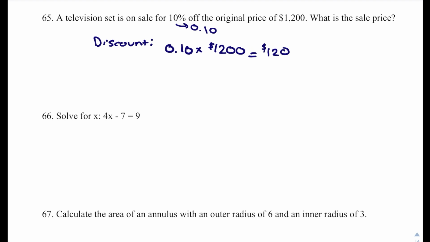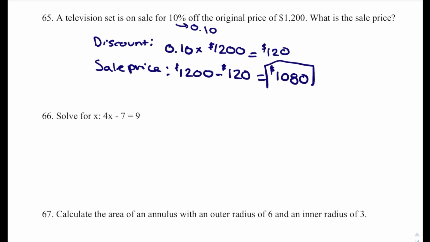So that is our discount. And then our sale price is going to be the original price of $1,200 minus the discount of $120, which is going to equal $1,080. And that is our answer.